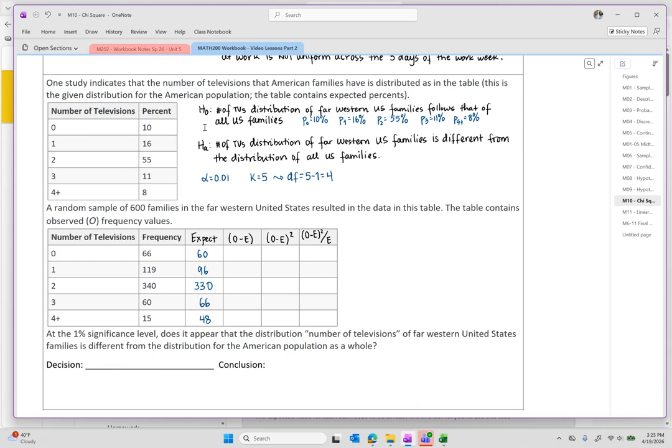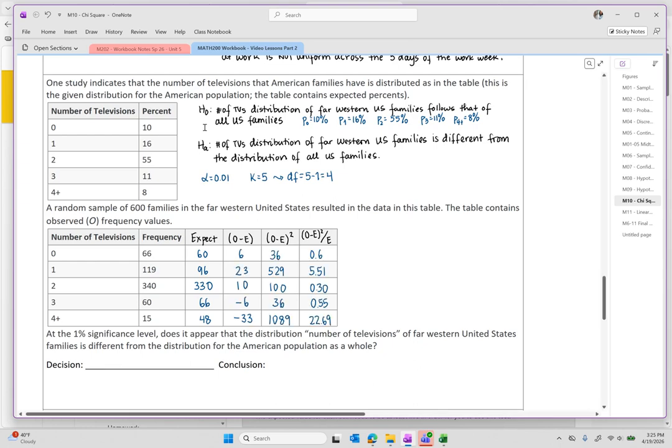After that, we need to find the differences observed minus expected, square those differences, and divide by expected to find the Pearson residuals. So when we do that, we can add the Pearson residuals that we found them to be 0.6, 5.51, 0.30, 0.55, and 22.69, and that will give us our chi-squared test statistic of 29.65.